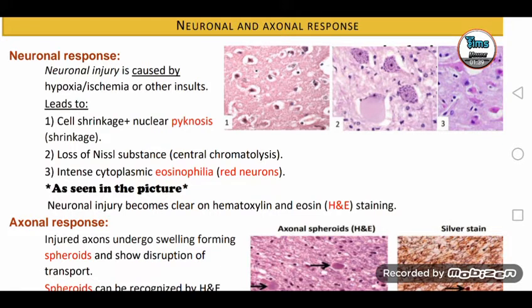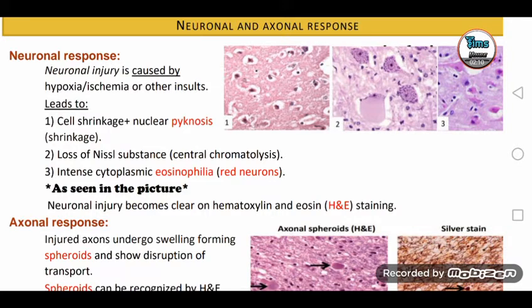These other insults include inclusions, which we will be talking about later in this lecture. Other insults also may include any hypoglycemic insult. Any of these insults or damages or diseases may affect and harm and injure the cells of the central nervous system.